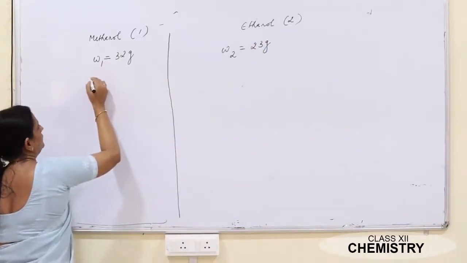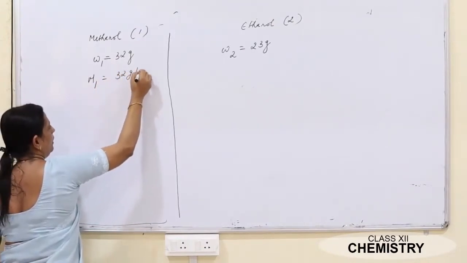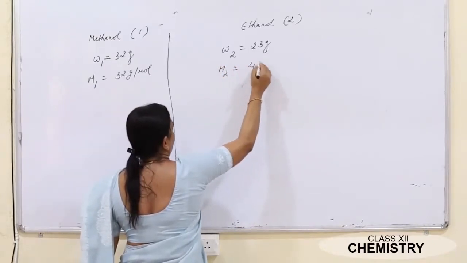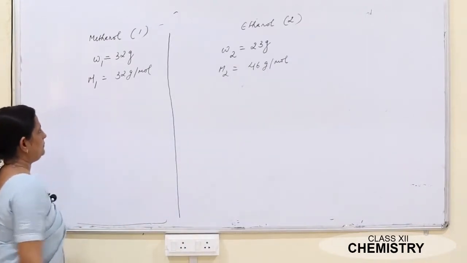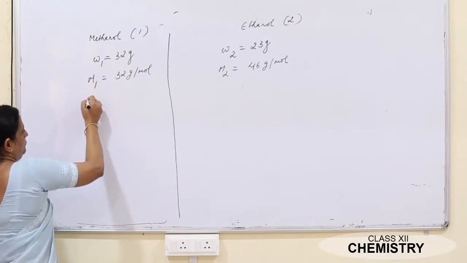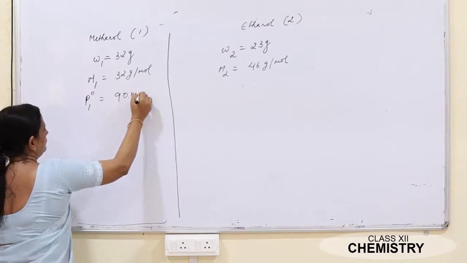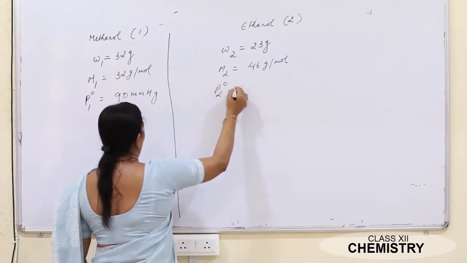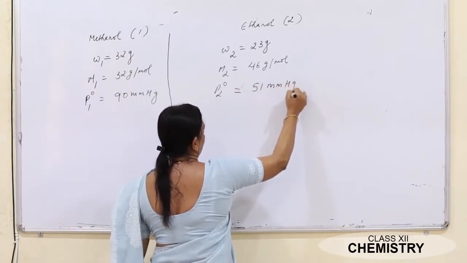Then molar mass of methanol comes to be 32 gram per mole, and that of ethanol comes to be 46 gram per mole. The next is the pure vapor pressure of methanol is given, P1 naught, 90 mm of mercury, and that of ethanol also is given, P2 naught is equal to 51 mm of mercury.